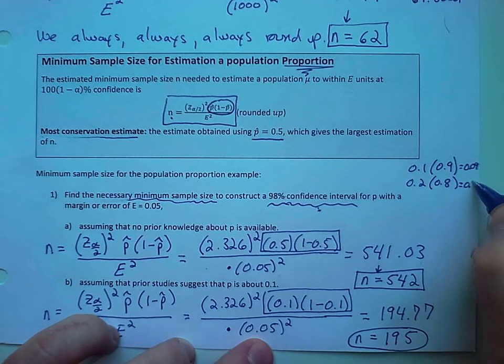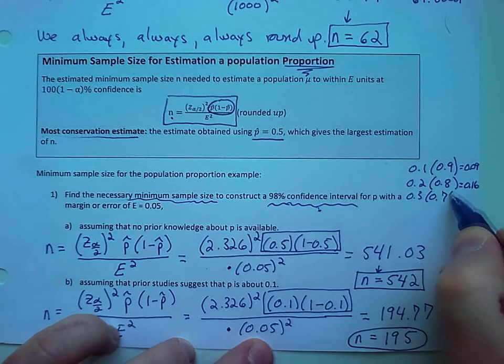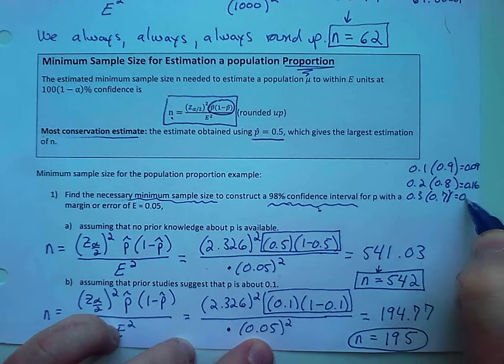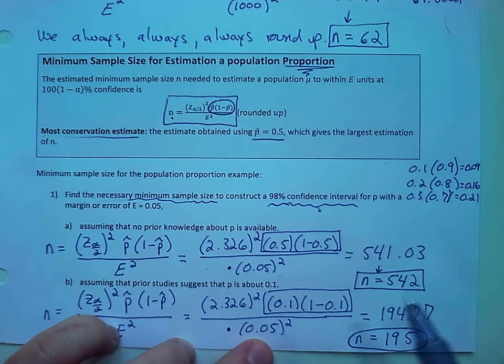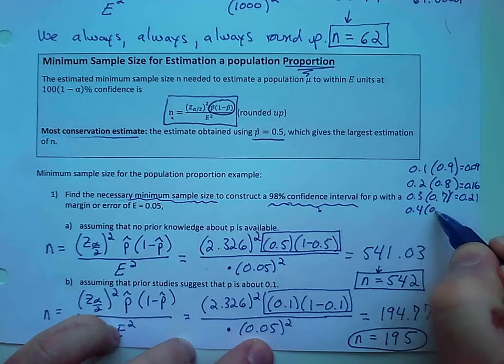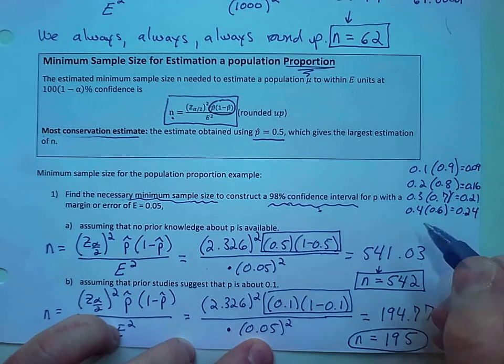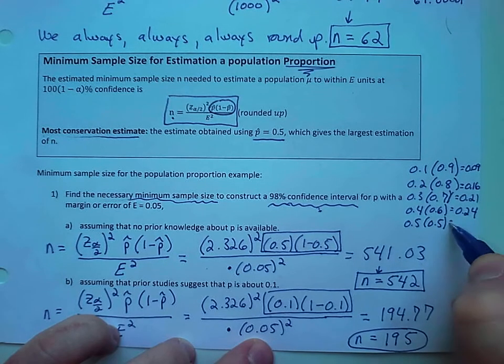This comes out to 0.16. 0.3 times 0.7 comes out to 0.21. If we plug in these values here, now our numerator is getting bigger. Well, 0.4 times 0.6 is 0.24. 0.5 times 0.5 is equal to 0.25.